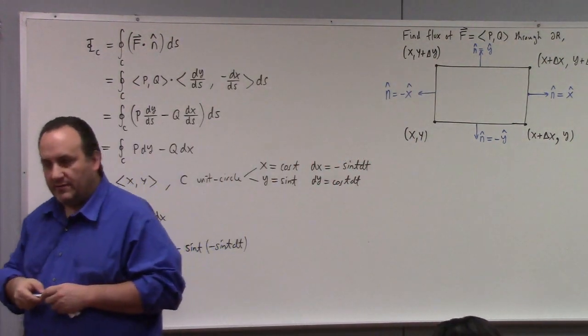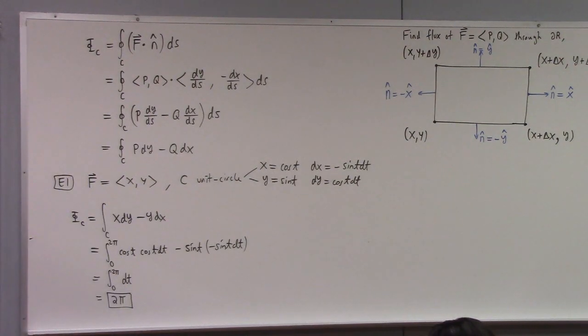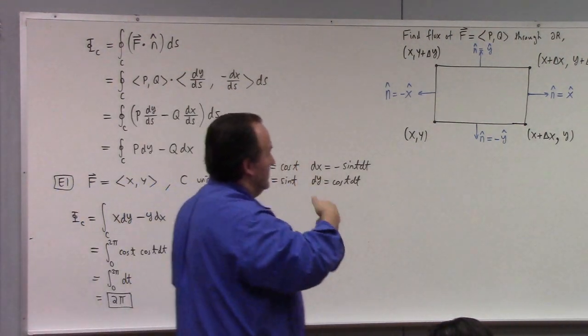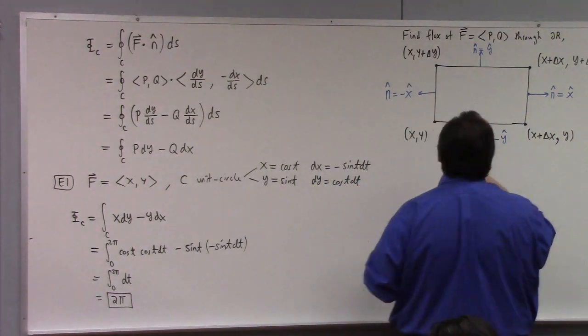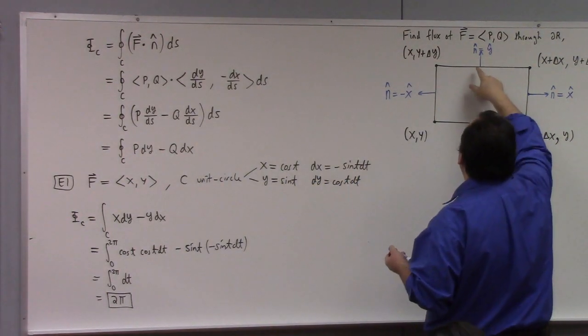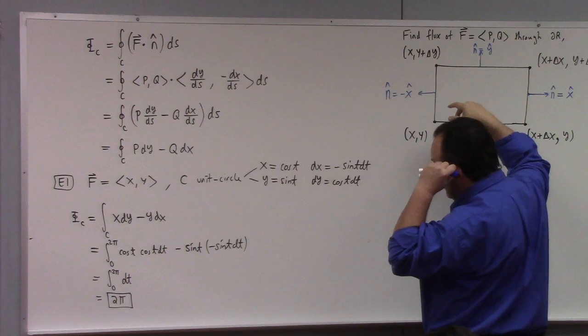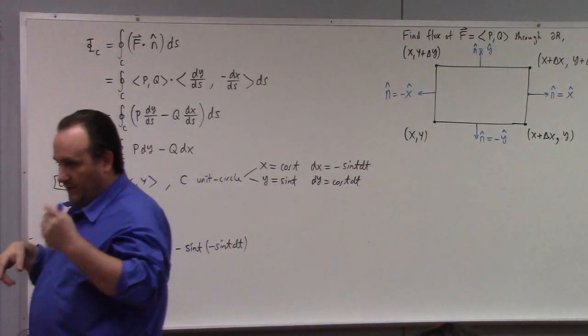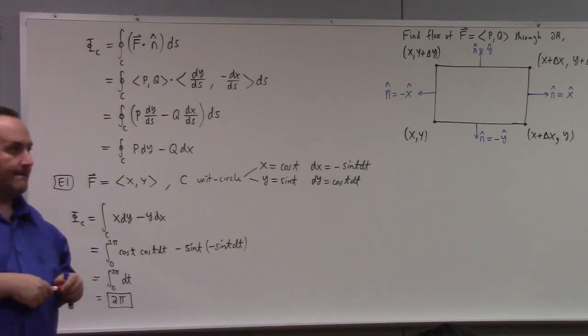Which component of the vector field gives you flux? Think about it. Basically, by definition, n hat dot F, right? N hat dot F just picks up what? The normal component.